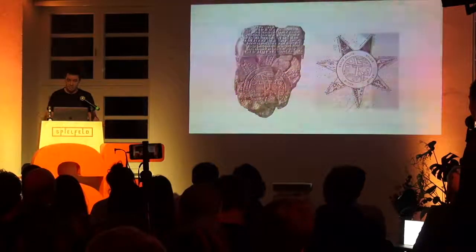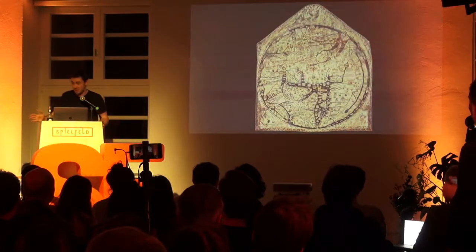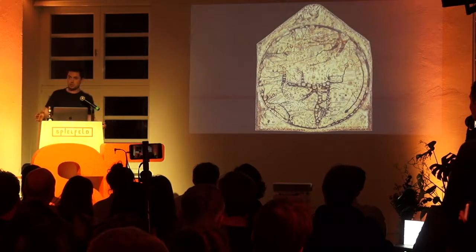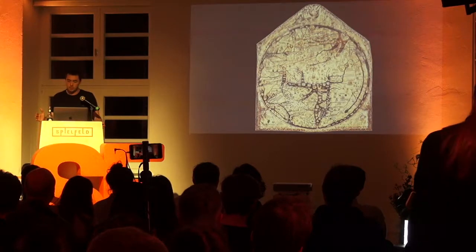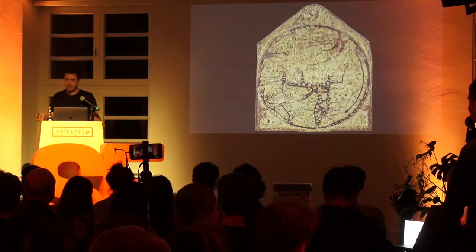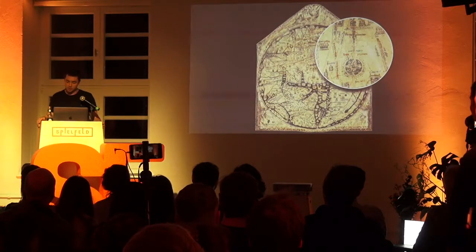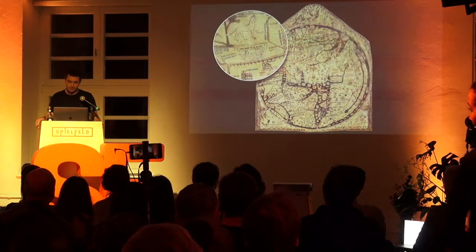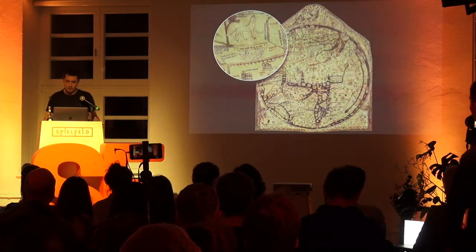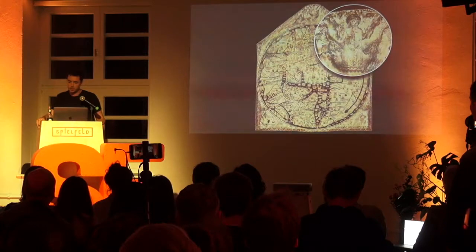So for the Christians in the 1300s, it was more important to use maps to tell a story. So this is the Mappa Mundi that was found in Hereford. And in the very center, we have Jerusalem. Over on the left, we actually have a depiction of Noah's Ark. And up at the top, we have a depiction of God.